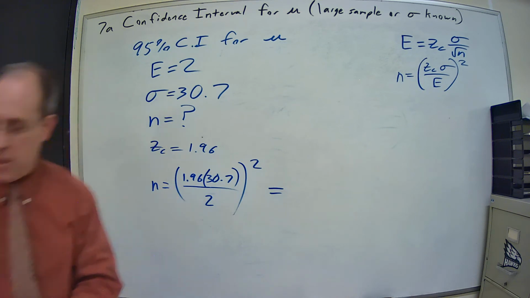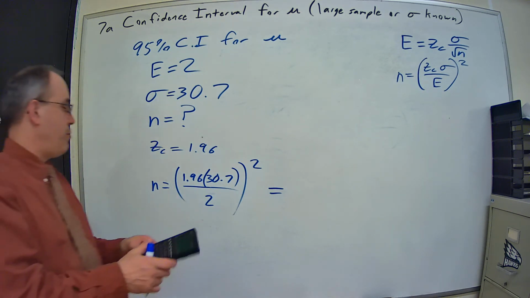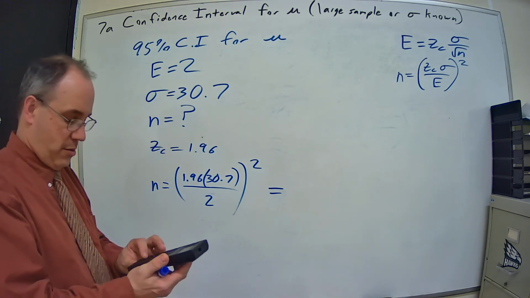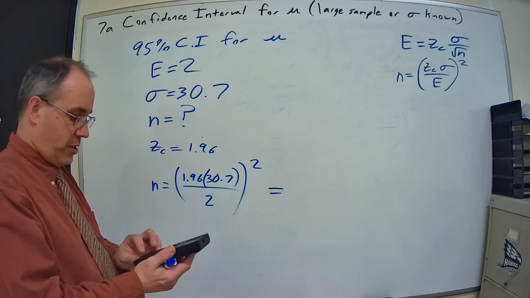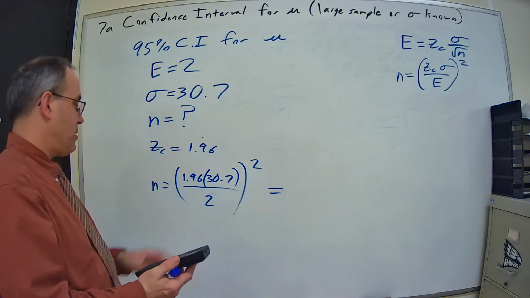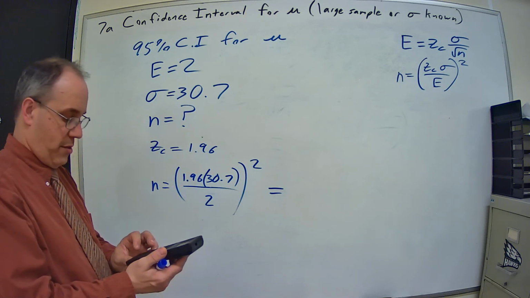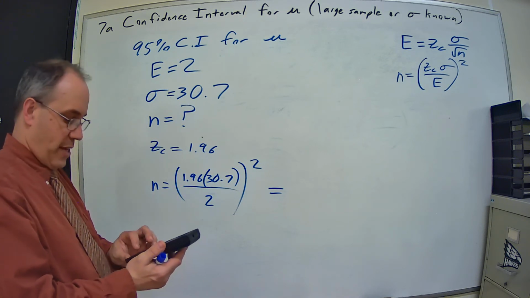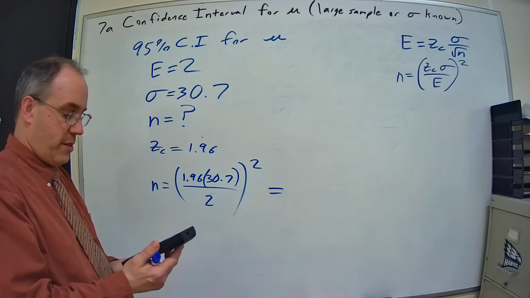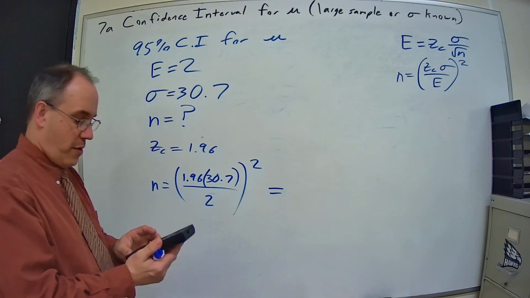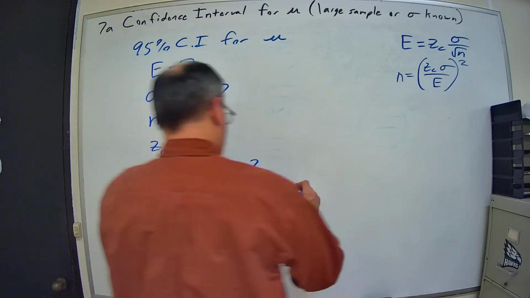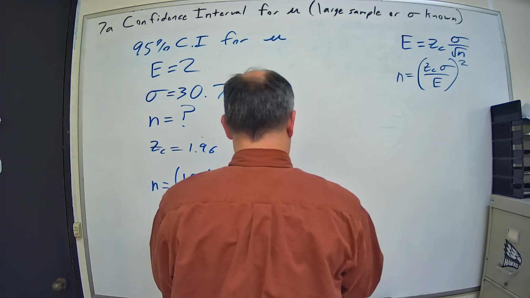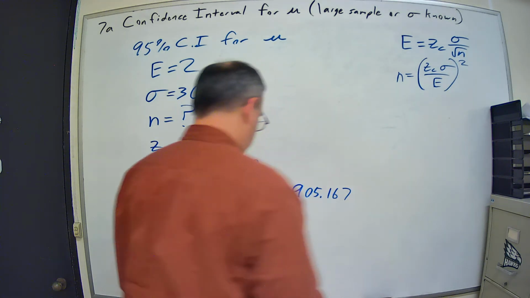Okay, so now we're just going to plug this in and see what happens. So 1.96 times 30.7, divided by 2, and then square that, and I get 905.167396.